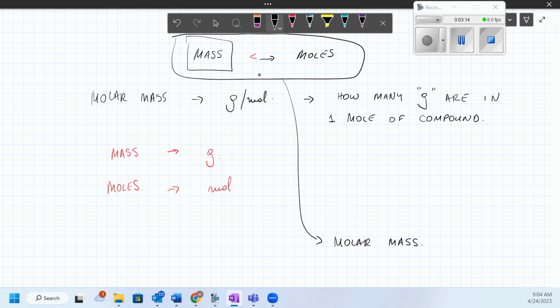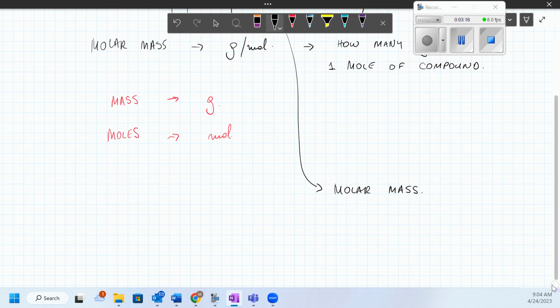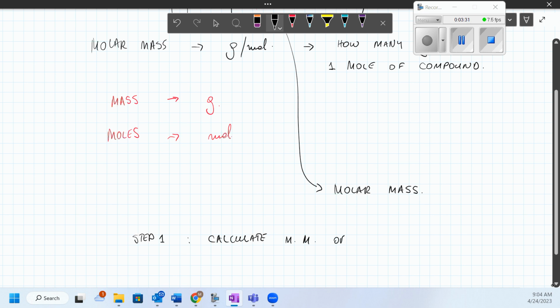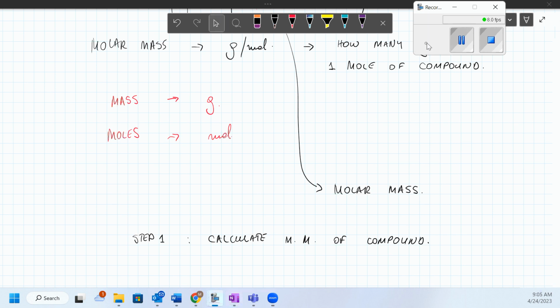So as the very first step, step 1, calculate the molar mass of the compound. Usually you don't know it, so you have to calculate it.